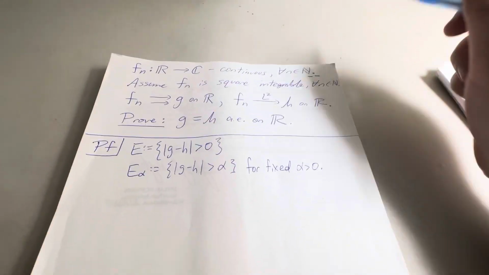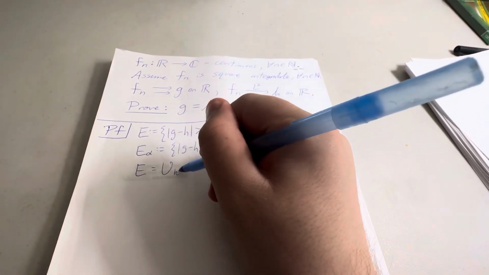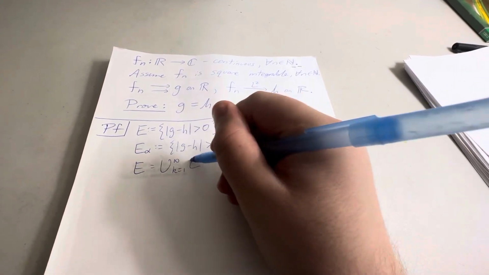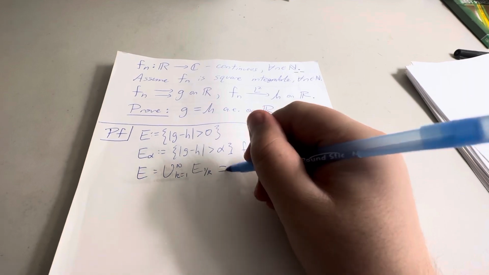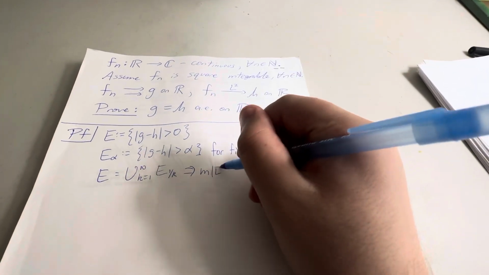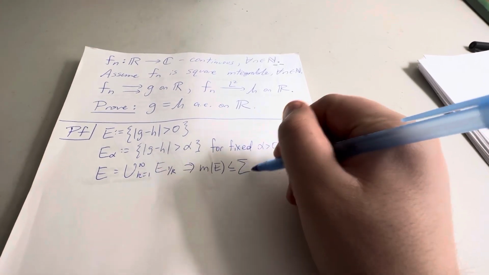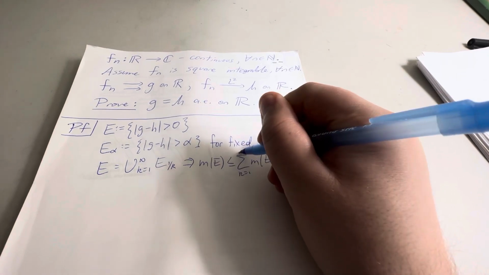And the idea now is to rewrite E as the union from k equals 1 to infinity of E sub 1 over k. And then, from countable subadditivity, the measure of E has to be bounded above by the sum of the measures of E 1 over k, where k runs from 1 to infinity.